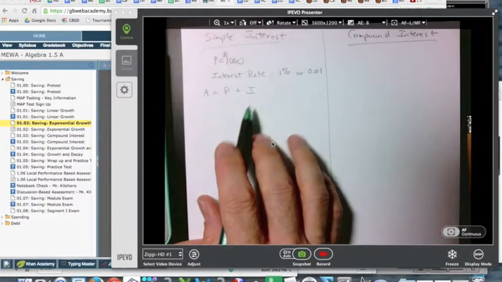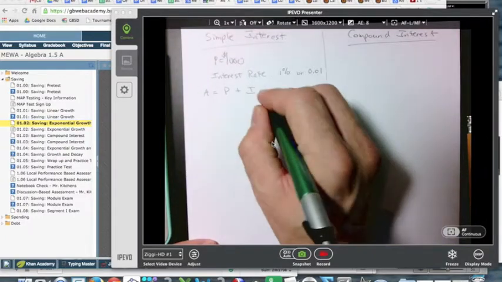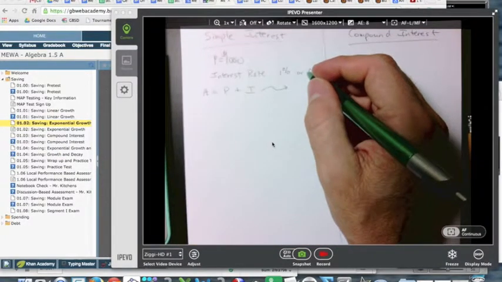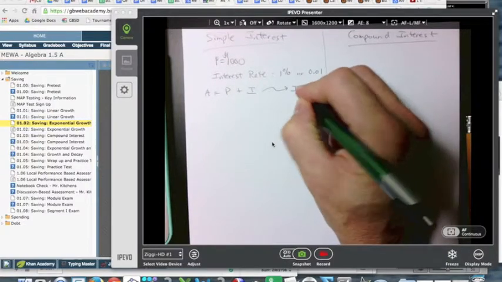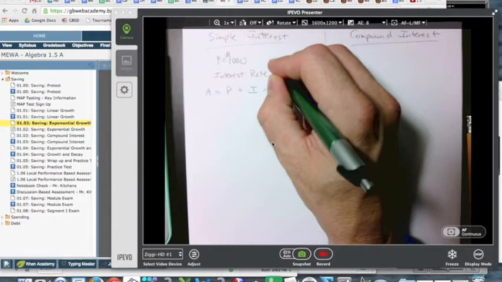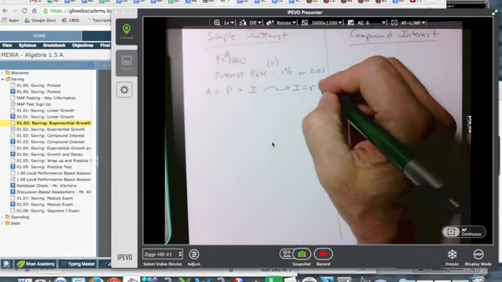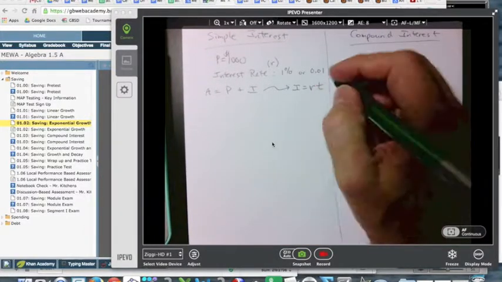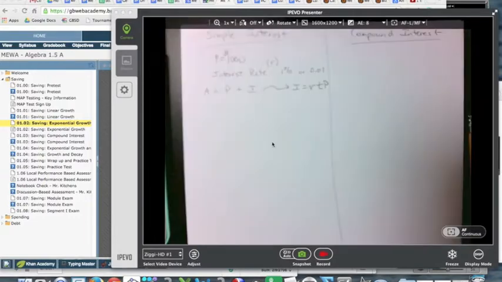Now, the way they calculate the interest is they multiply the interest rate, and I should have marked that as R too, by the time, and then they're going to multiply that by the total amount that you gave them.